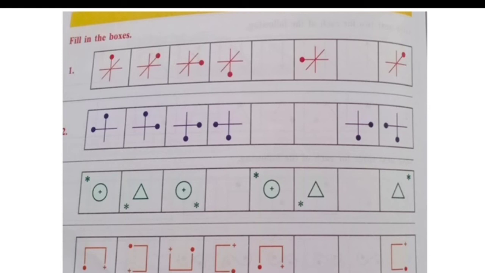Again exactly opposite picture, star we have to draw downside, and exactly in the next picture we have to draw triangle and opposite side star we have to draw, which is shown in the second one. Got it?